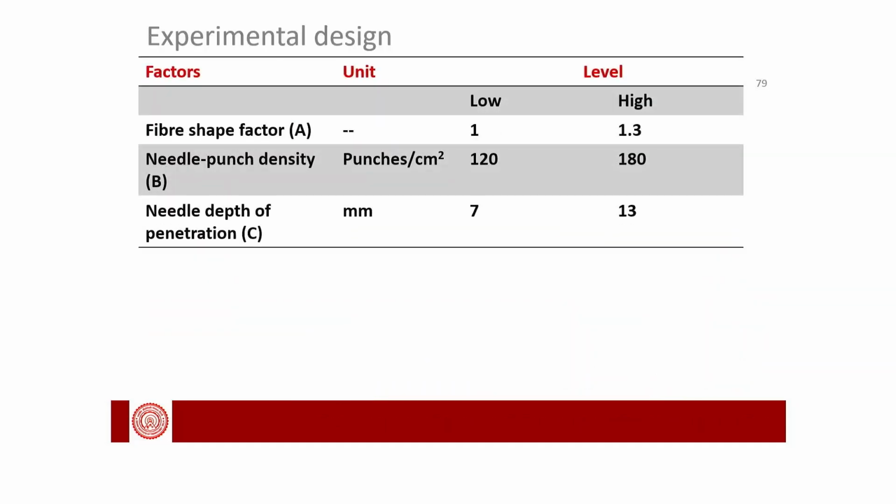So, if you see the experimental design here, the factors are fiber shape factor 1 and 1.3, that is circular and trilobal. Needle punch density we have used 2 levels, 120 and 180, and depth of needle penetration 7 millimeter and 13 millimeter.